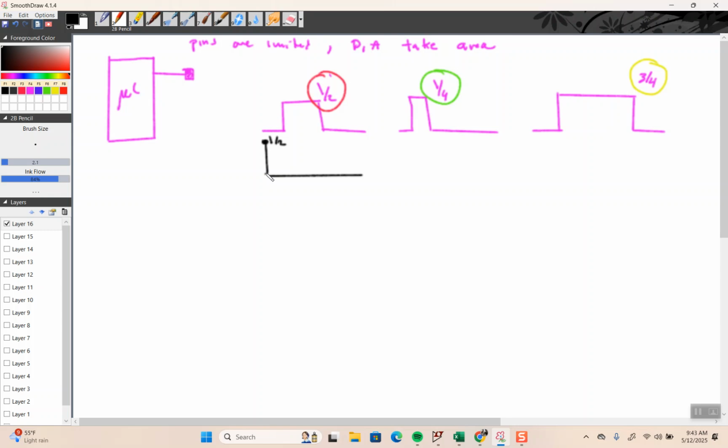So the DC part of this, the average of it is 1/2. The DC average of this is 1/4. The DC average of this, higher, 3/4. 0 frequency, frequency. Okay.